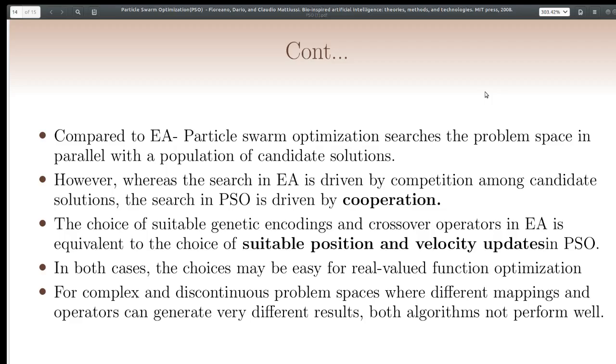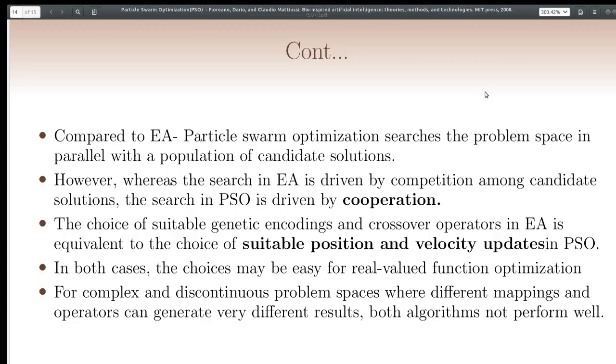The choice of genetic encodings and crossover operators in an evolutionary algorithm is equivalent to the choice of suitable position and velocity updates in particle swarm optimization. In both cases, it performs well for real valued function optimization.